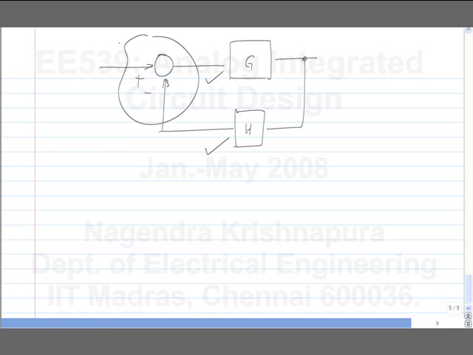How do you make this? You need to be able to subtract the feedback signal from the input signal. How will we go about doing it? Let me make this diagram more explicit and use circuit design terminology.